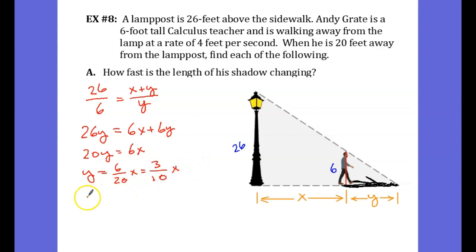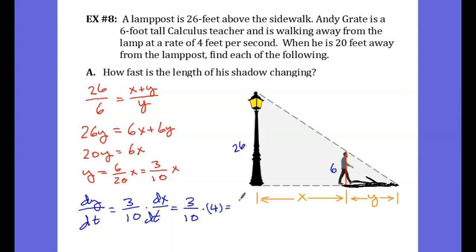Now if we differentiate this, we get dy/dt equals 3/10 times dx/dt. Now we were given that Andy's rate of walking, the rate of change, was 4 feet per second. So that gives us 3 over 10 times 4.